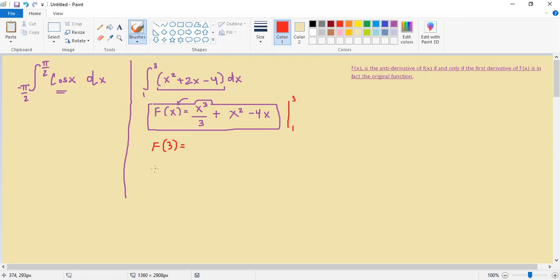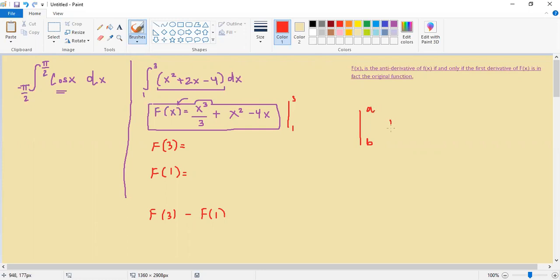And we would also plug in f of 1, and we would subtract f of 1 from f of 3. In other words, algebraically, in a general sense, if you were to find the antiderivative and then evaluate it for the limits here, you can consider 1 and 3 as being perhaps b and a.